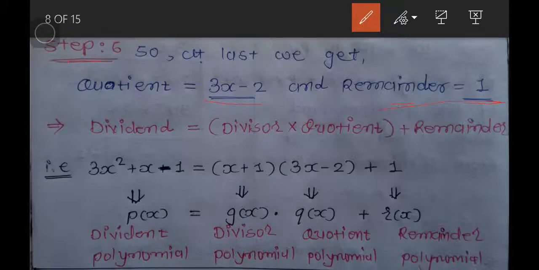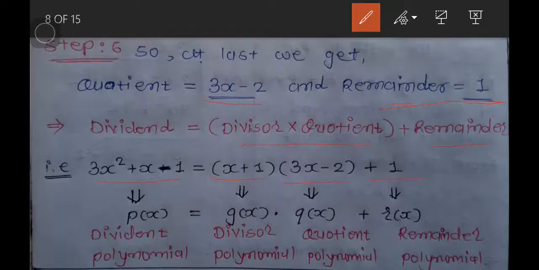And as we first studied, how can we write our division algorithm: dividend is equal to divisor into quotient plus remainder. So that is our dividend, the polynomial p of x, 3x square plus x minus 1, and the divisor is x plus 1, into quotient 3x minus 2, plus remainder plus 1.